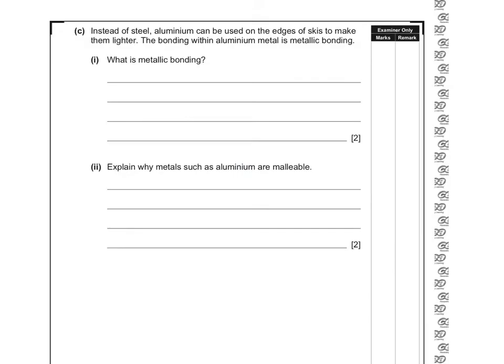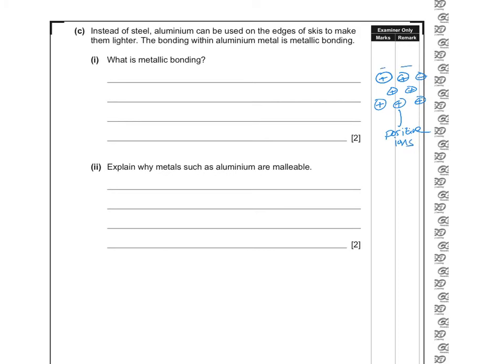Now, metallic bonding, let's just do a quick recap on what it is. You've got your positive metal ions. So these are not protons, which is a fairly common mistake. So these are the cations, the positive metal ions, and you'd always label diagrams if you're asked to draw them.